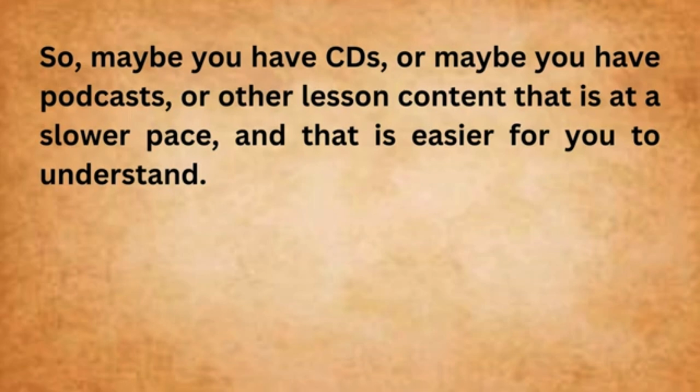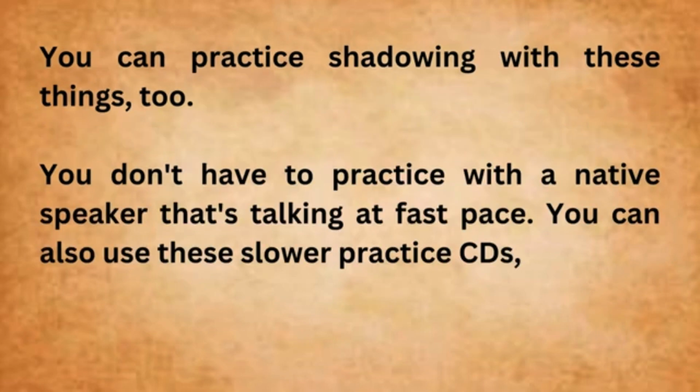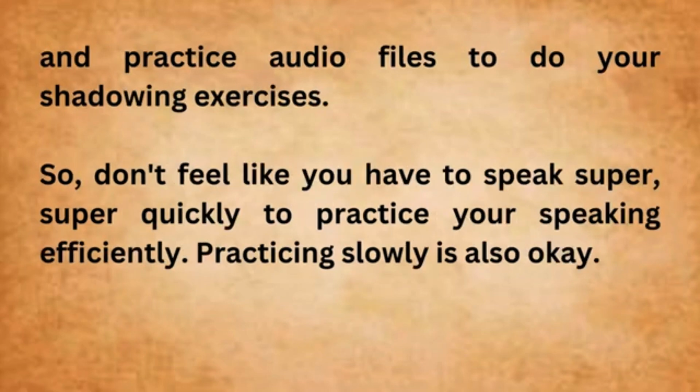So, maybe you have CDs, or maybe you have podcasts, or other lesson content that is at a slower pace, and that is easier for you to understand. You can practice shadowing with these things too. You don't have to practice with a native speaker that's talking at a fast pace. You can also use these slower practice CDs and practice audio files to do your shadowing exercises.